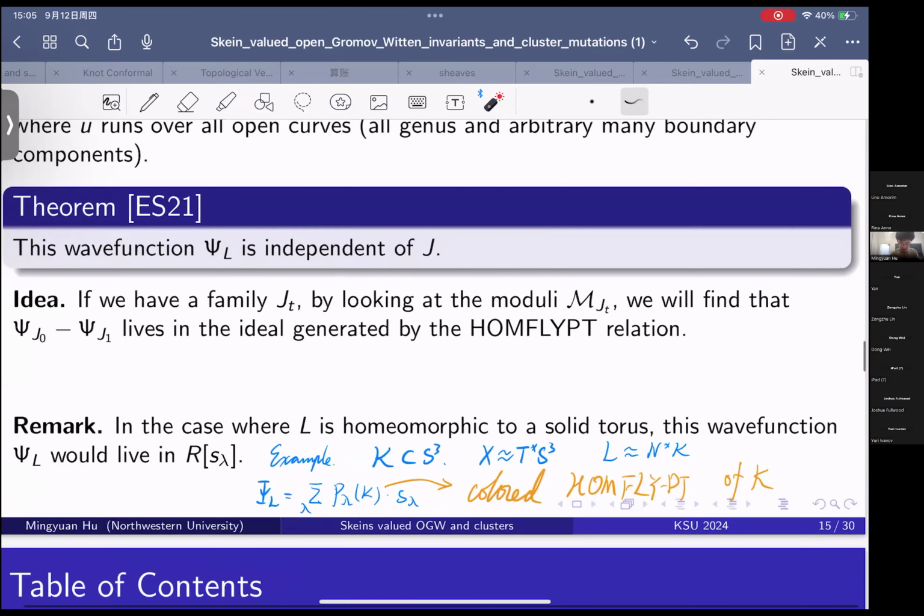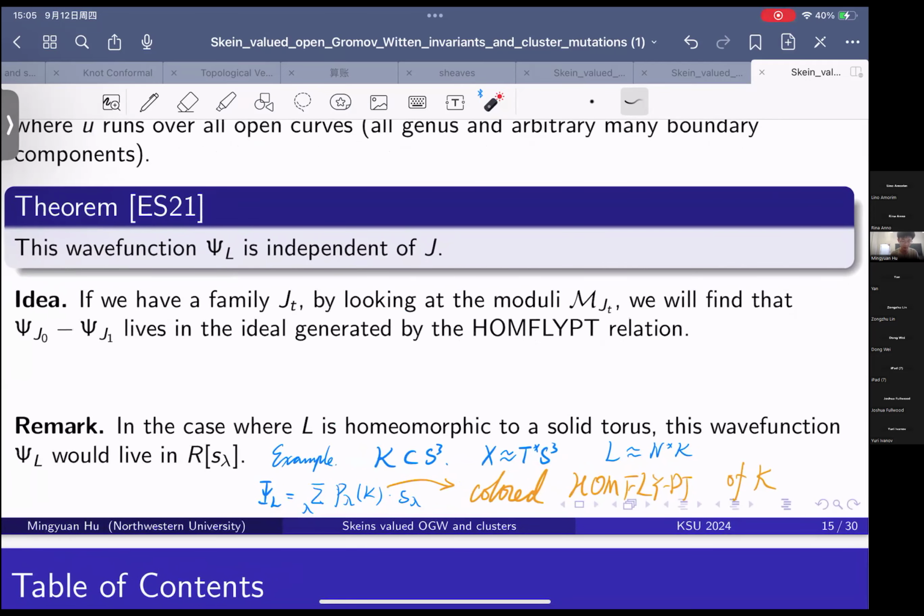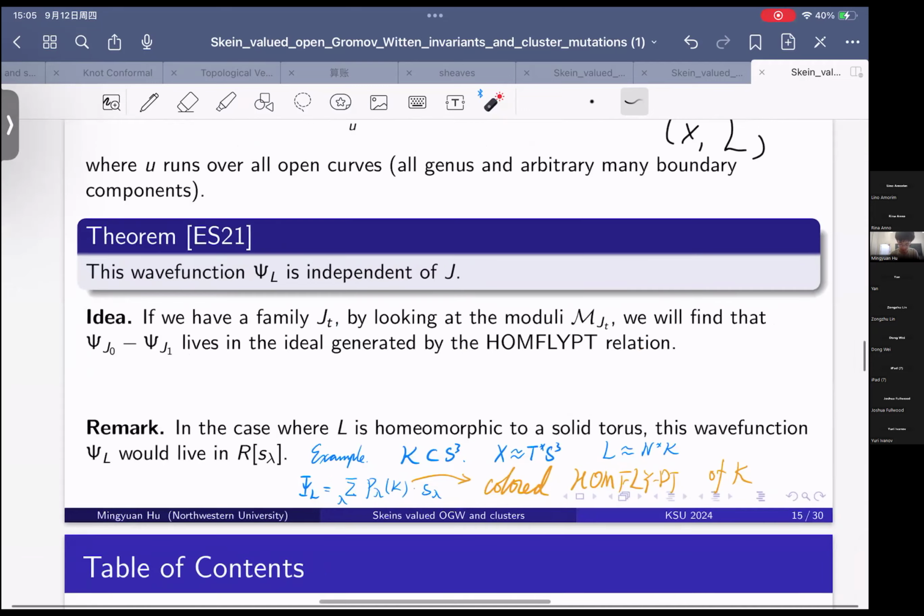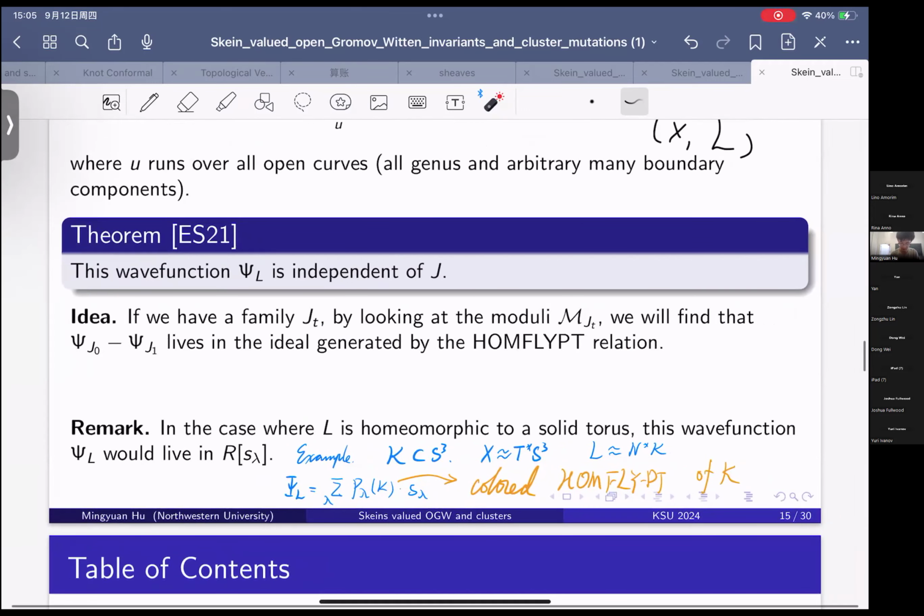It used to be a conjecture, and it was proved by Ekholm-Shende using this skein-valued curve counting technique. So somehow this tells us that the HOMFLY-PT polynomial is open Gromov-Witten invariants.